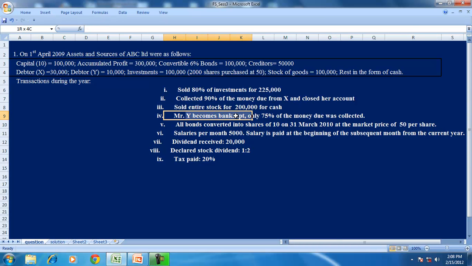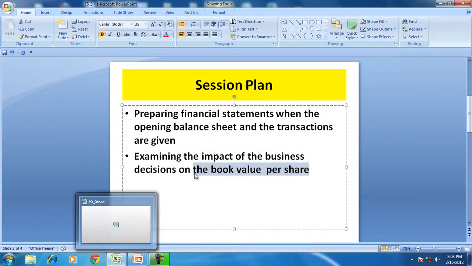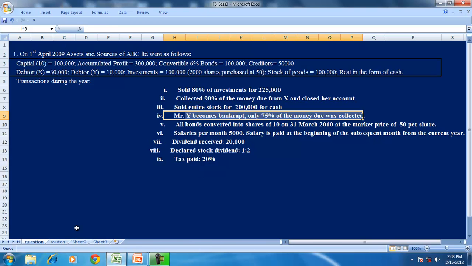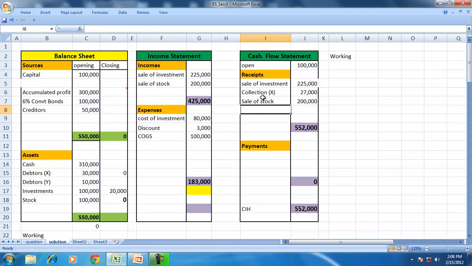Mr. Y becomes bankrupt and pays only 75% of the money due, so the collection from Y is 75% of the money due, 0.75.